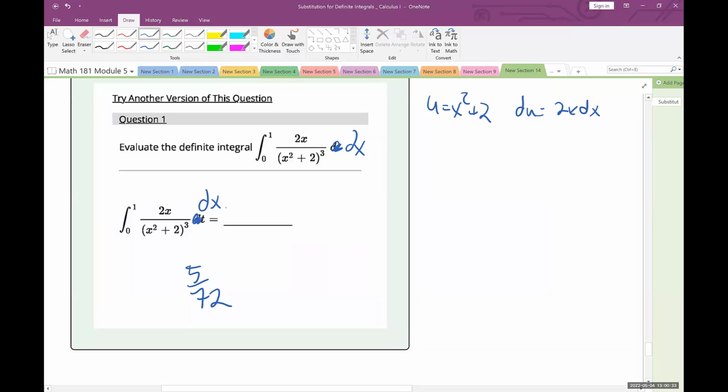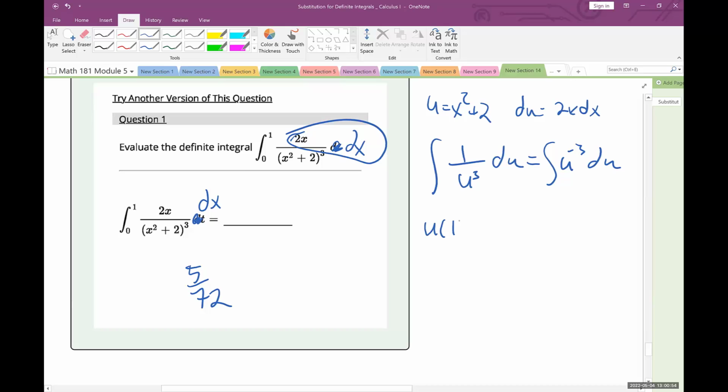Okay, so here's our 2x dx. So it's going to be this integral of 1 over u cubed du. And just because I'm me, I'm going to do this as the integral of u to the -3 du. And I forgot my limits of integration. So what is u of 1 going to be?